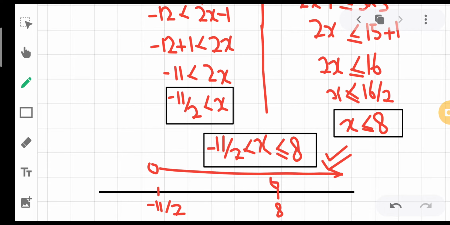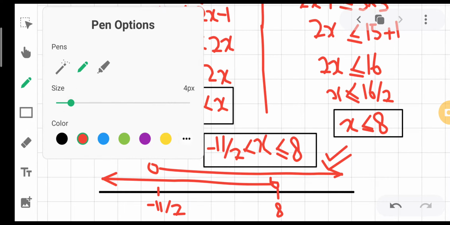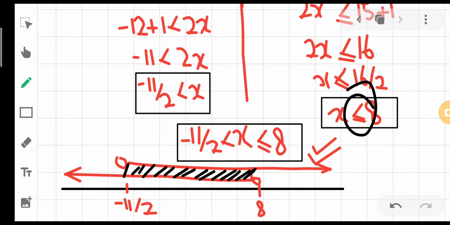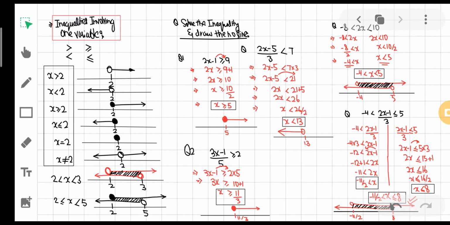Lesser than 8, shifting leftward. The final region will be the shaded region that satisfies both the inequalities. That will be this shaded region satisfying both the situations. And an important thing: here you are having equals to sign, so this circle of the following situation must be a solid circle, must be shaded. Look from start to end.